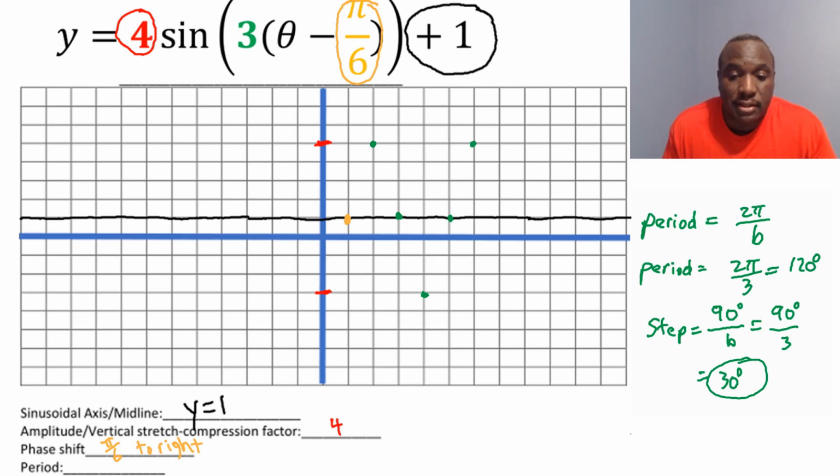So back up to the maximum, 30 degrees over, sinusoidal axis, and let's go ahead and finish out the rest of this pattern. And let's connect everything.